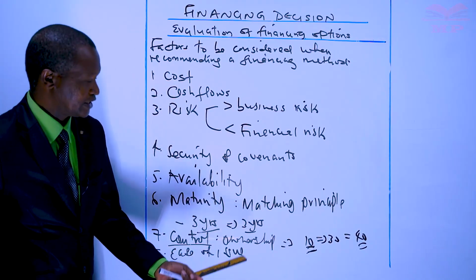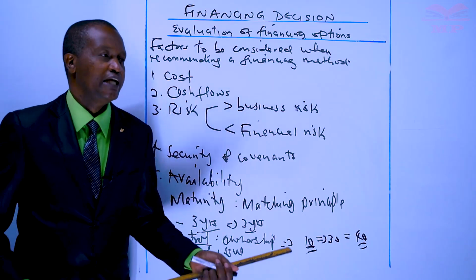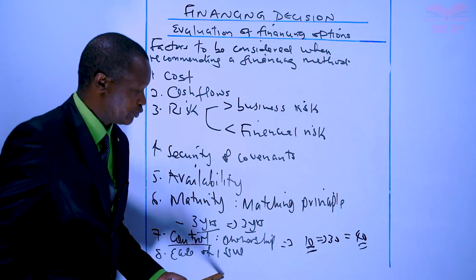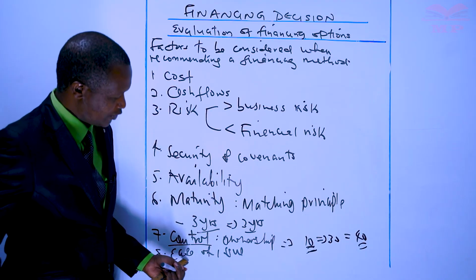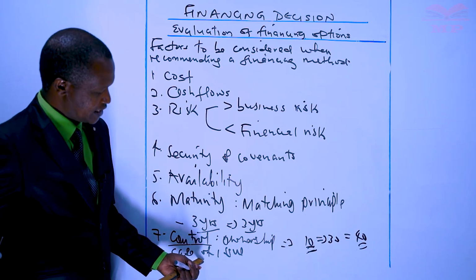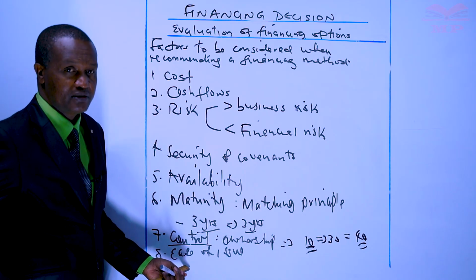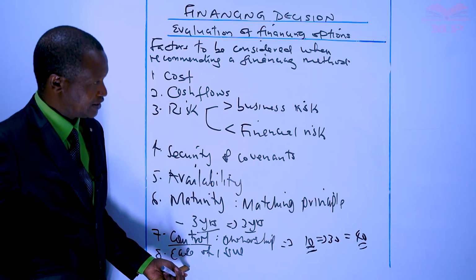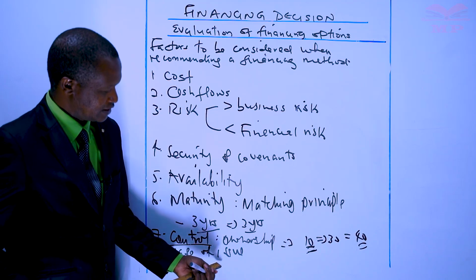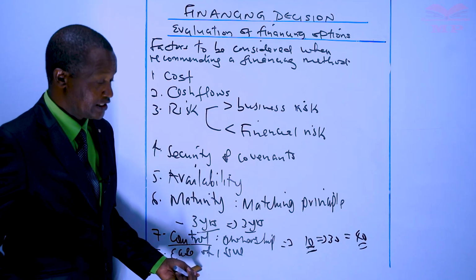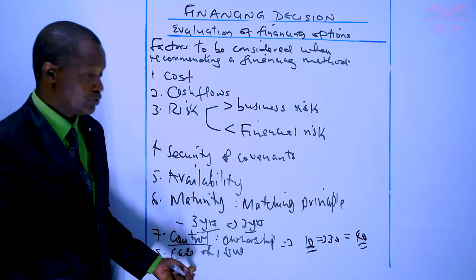We know that generally debt finance is cheaper and easier to raise than equity. How easy is it to raise equity? How easy is it to raise debt? And therefore, if a company is in urgent need of finances, then it may be easier to go for debt finance because it is easier to raise capital through debt.